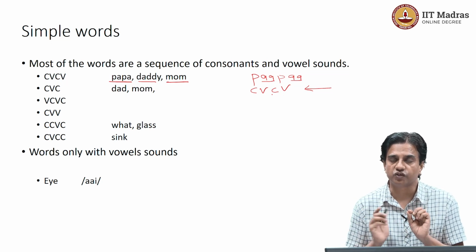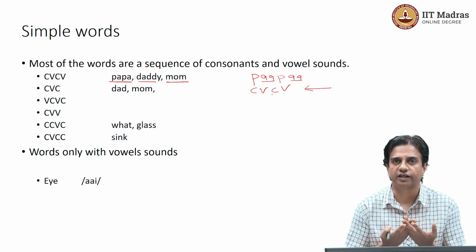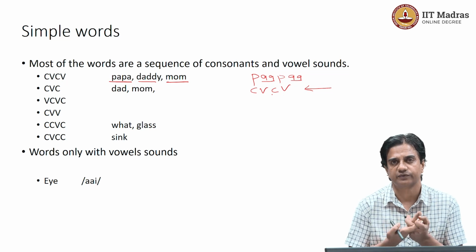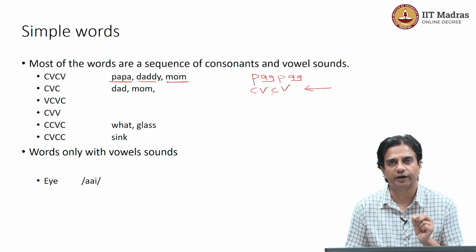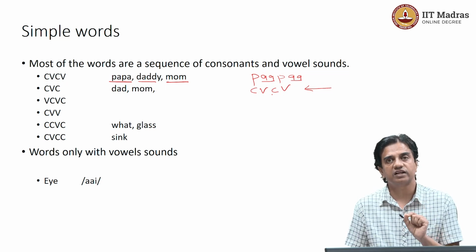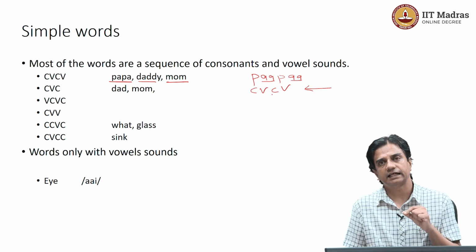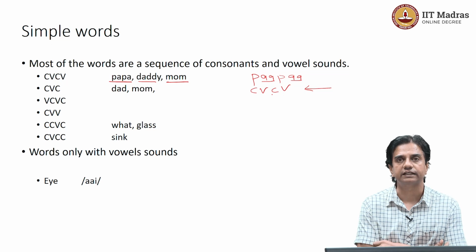Now, a couple of other things to look at. We have had a good discussion about consonant sounds and vowel sounds. Today, I want to add one more very specific piece of information about consonant sounds. Every consonant sound has one specific vowel inbuilt in it. Take any consonant sound, the vowel that is inbuilt in it is called a.